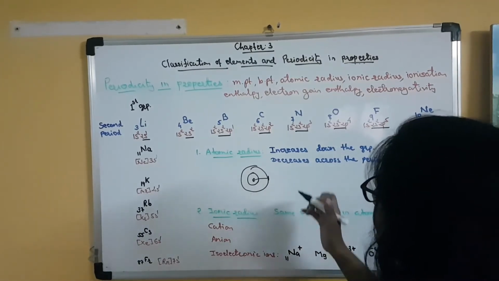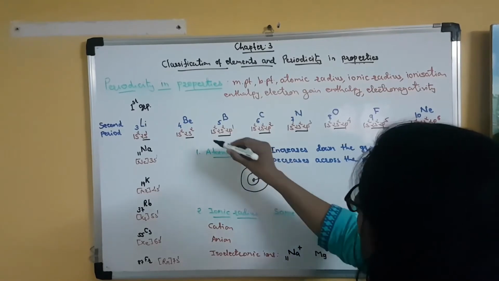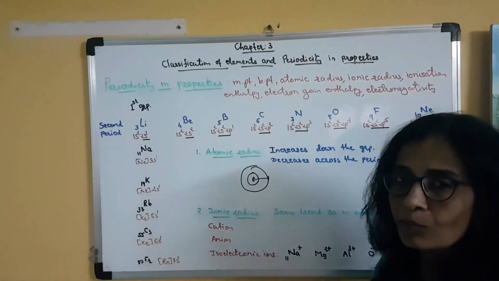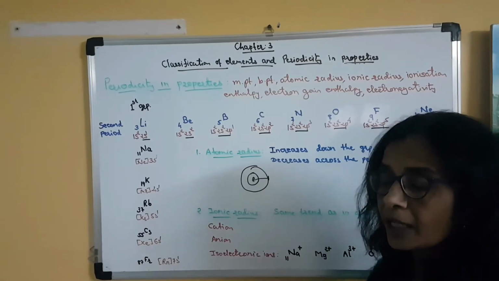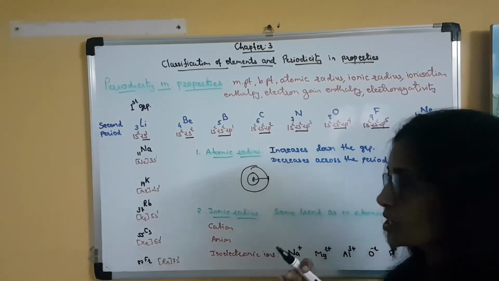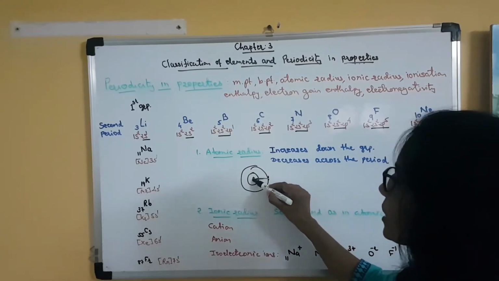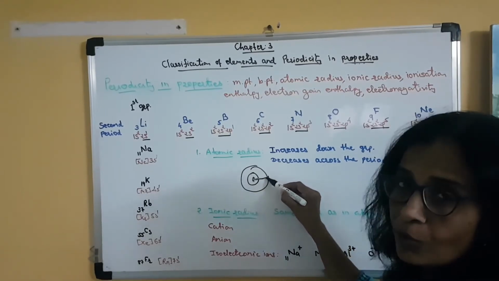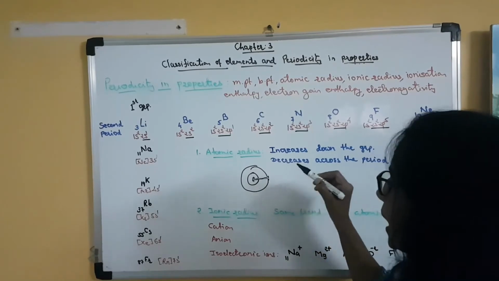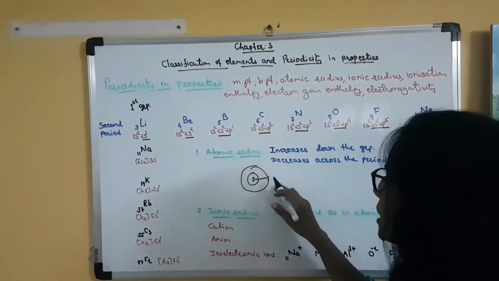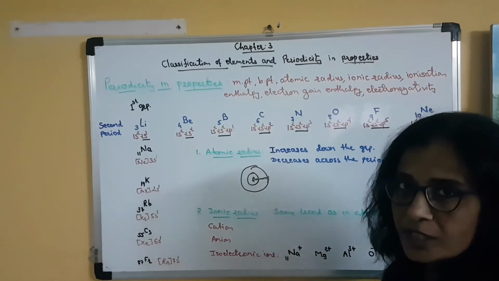Clear? And that is why with increase in the atomic number, the nucleus is becoming more and more powerful, because the number of protons, the positive charge in the nucleus, is increasing, but the distance between the nucleus and the outermost electron remains the same, and that is why the nucleus now strongly pulls these valence electrons towards itself.